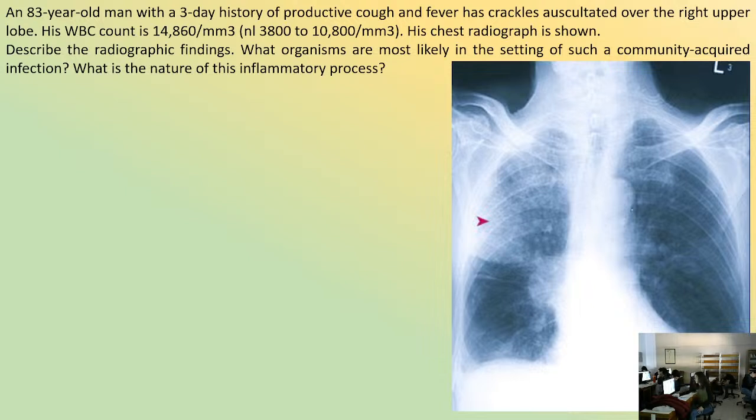And also, there is another term known as pneumonitis, where we have inflammatory cells not within the alveoli, but in the septa among alveoli. So these are the three terms having to do with the presence of inflammatory cells in the lung parenchyma.